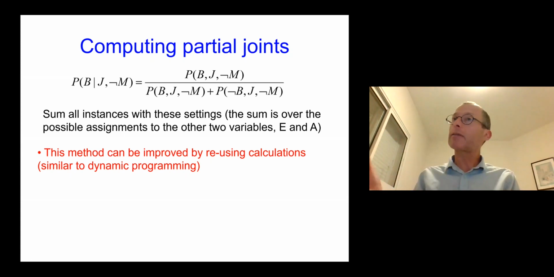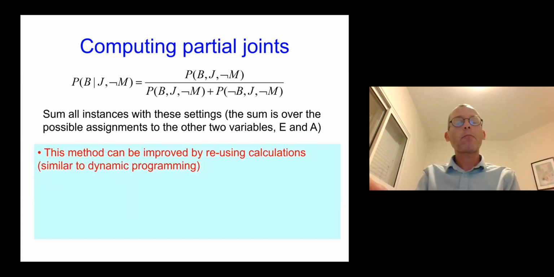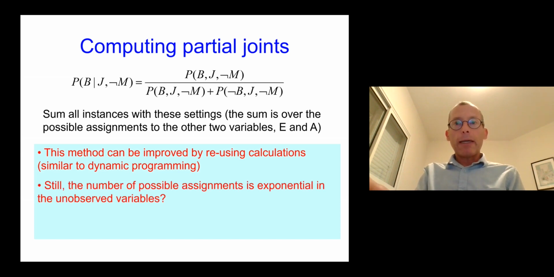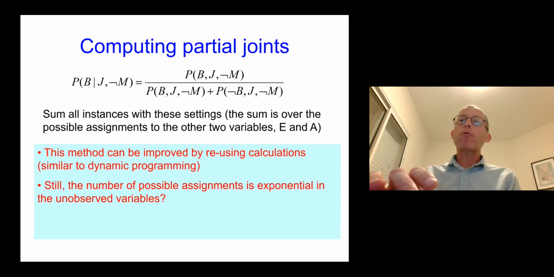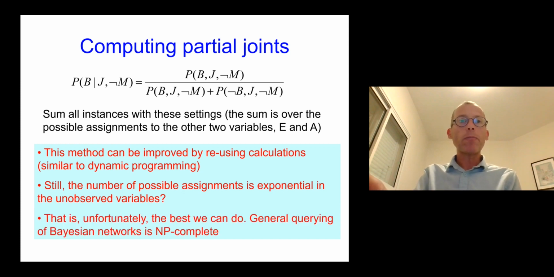This is inference. This is not learning. So we assume that we know the network. This is just doing inference. So this is a good idea, but unfortunately, it doesn't solve the problem completely. So what else can we do, or how can we improve this issue?